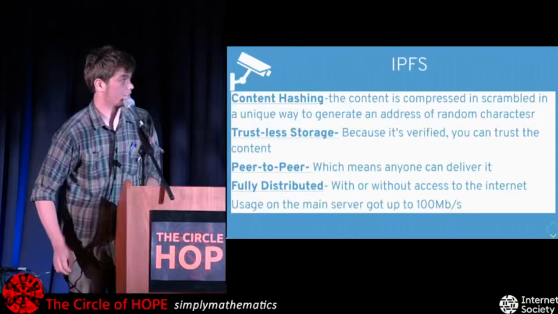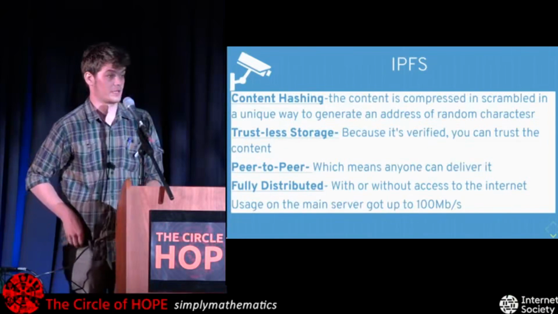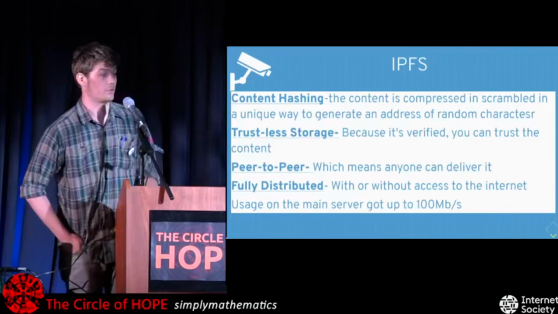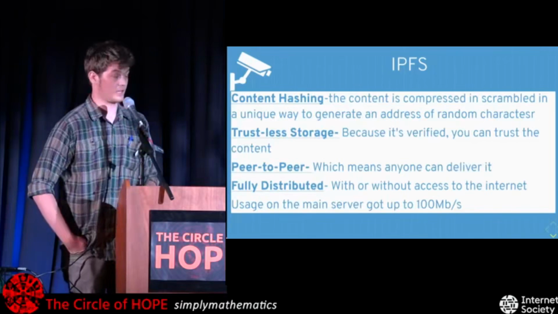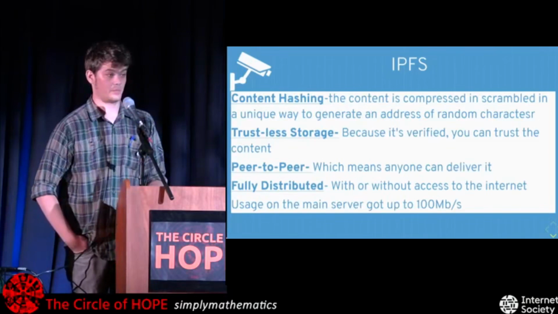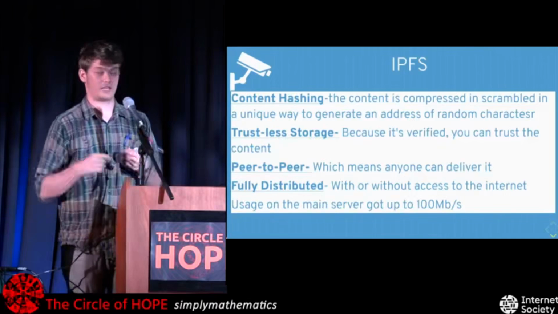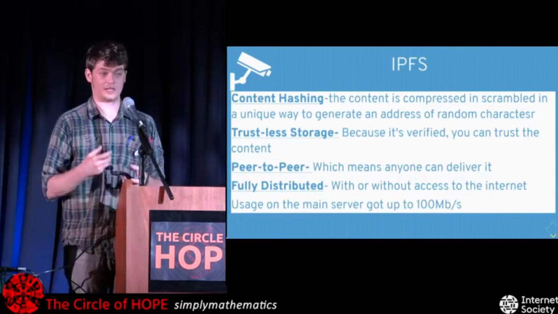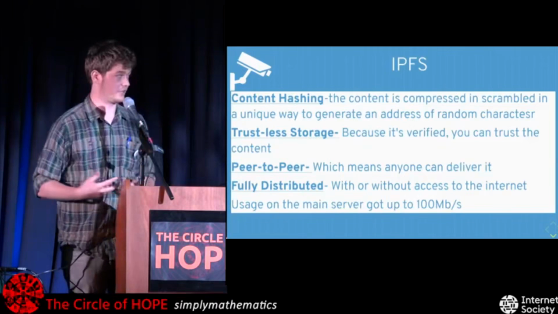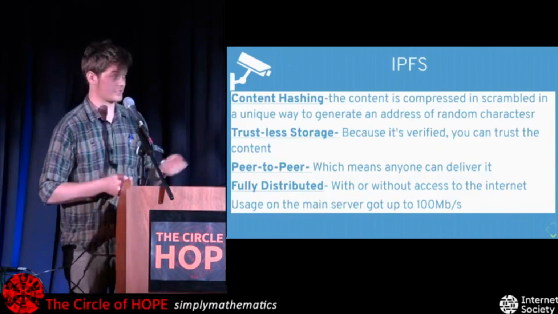So the reason IPFS works is a couple of really good design decisions. One, like Git, we hash all the content so that your content gets a unique identifier, which means that it can be served from anywhere, and the content itself becomes its own certificate authority, which leads us to trustless storage.